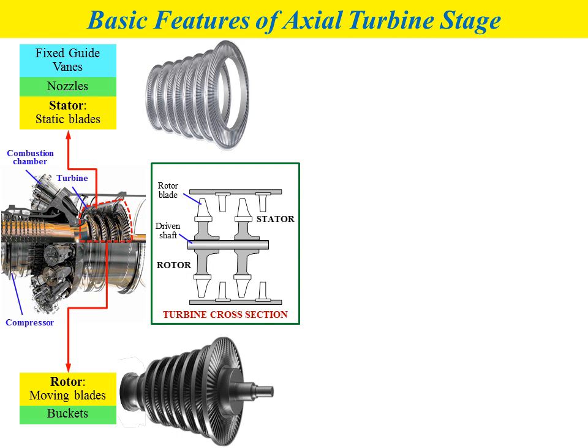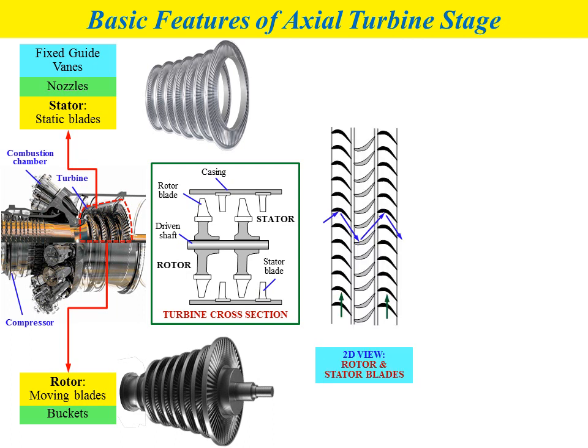Also we have the second component, the stator. On the stator we will have stator blades. The stator blades will attach at the casing. That's why the stator doesn't move.